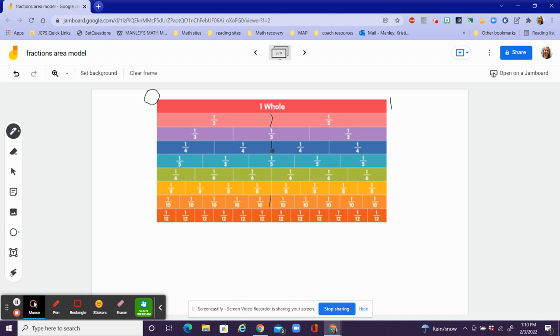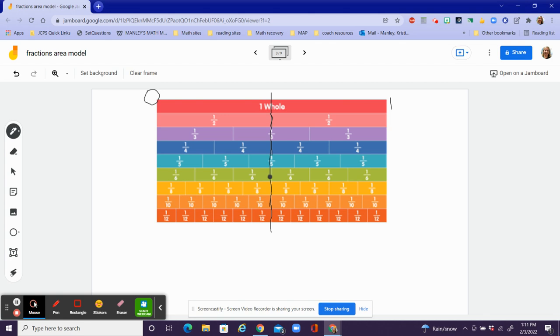What if we partitioned it into 4? Notice that I'm going straight down. Again, I'm sure you would draw a much better line than I am. I'm still in the exact spot that I partitioned my whole, to where if it was in 2 pieces, from here to this line is 1/2. If I partitioned it into 4 pieces, from here to this line, that is 1/4, 2/4. If I partitioned it into 6 pieces, still on this line, that would be 1, 2, 3/6.